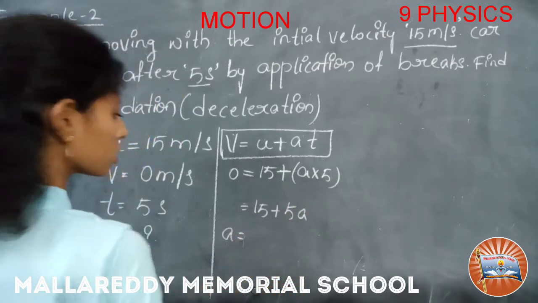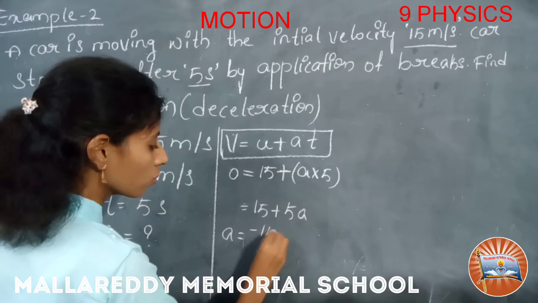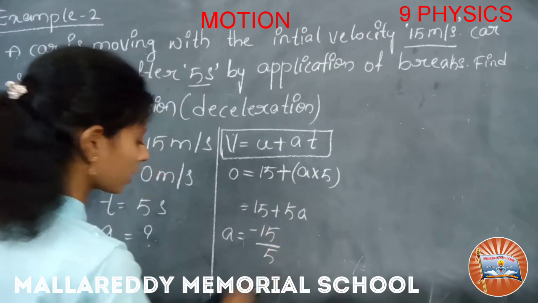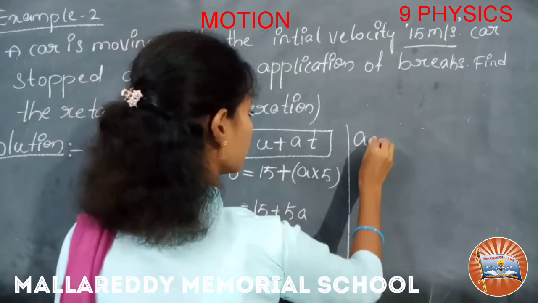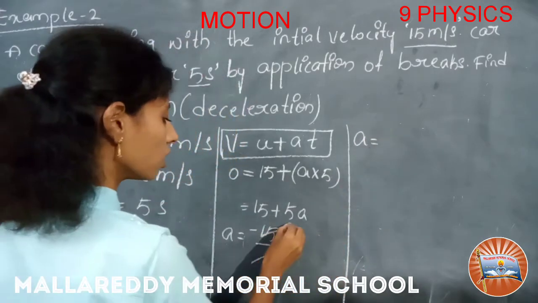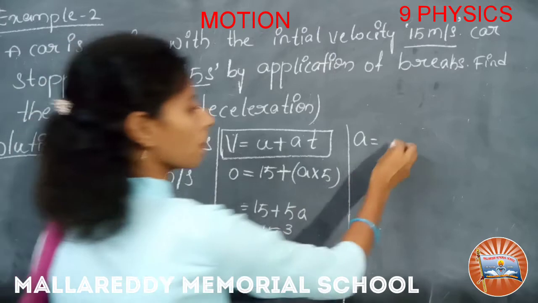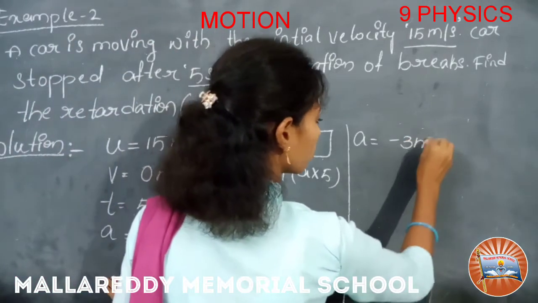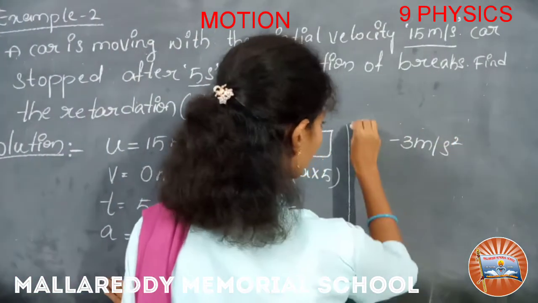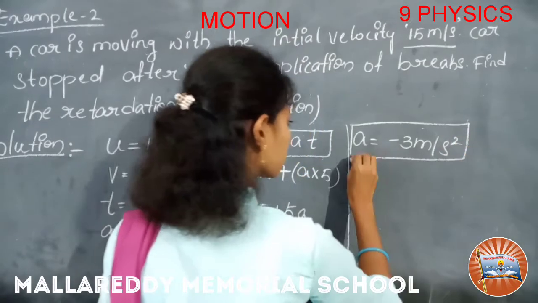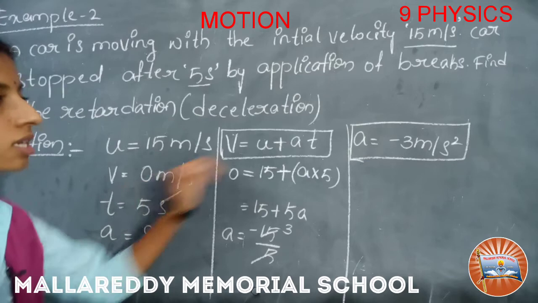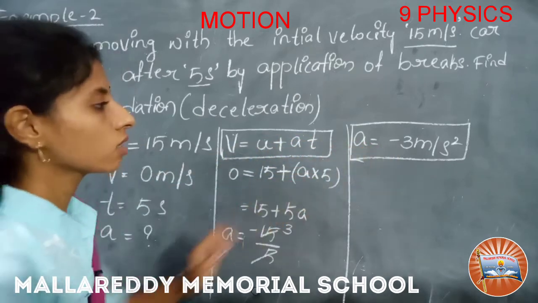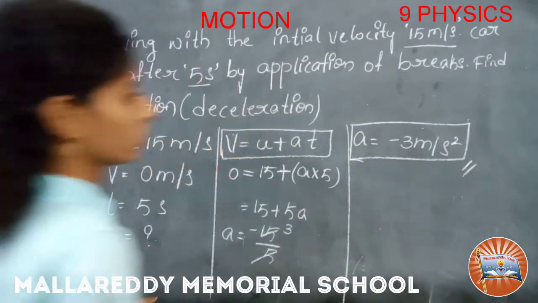So a is equals to minus 15 by 5. So we get a is equals to minus 3 meter per second square. So the retardation of the car is minus 3 meter per second square, right? So this is the solution.